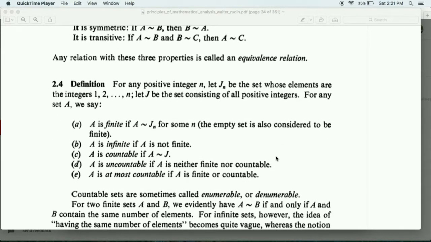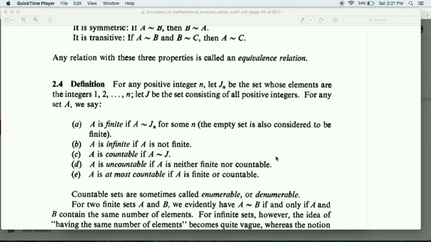Consider now a set called Jn, where n is some positive integer. Jn consists of elements of the form 1, 2, up to n, that is n positive integers. And J without any subscript is the set of all positive integers.